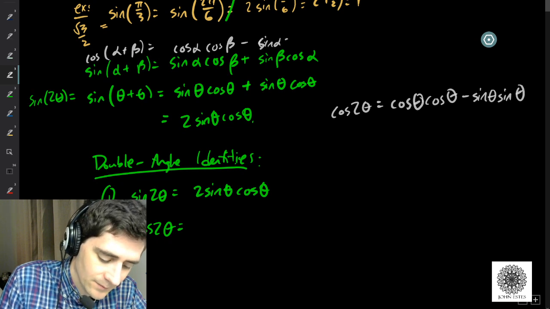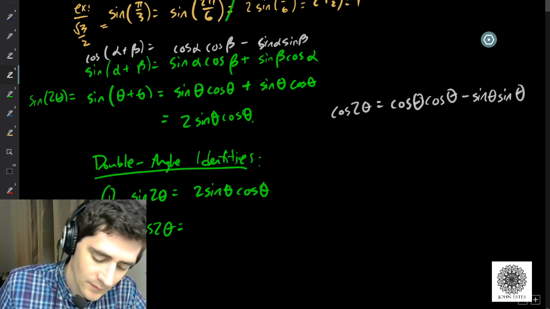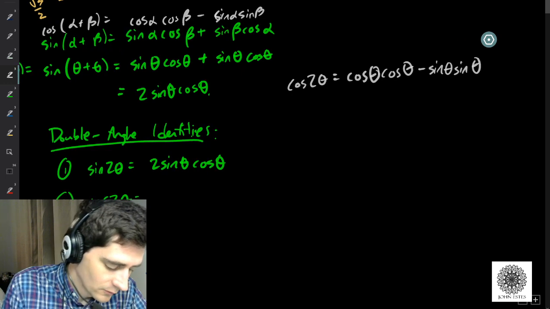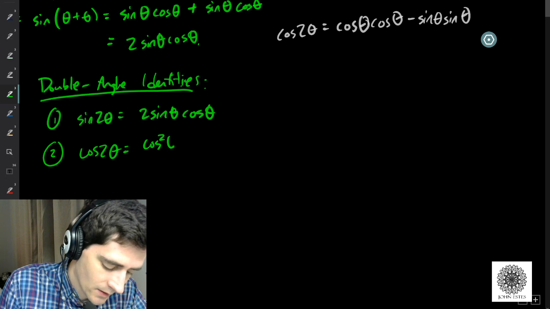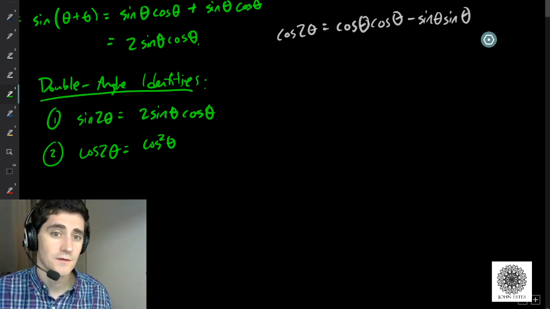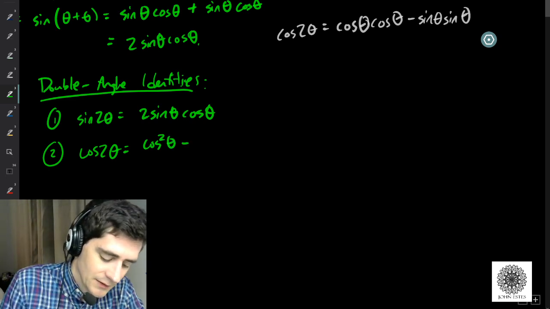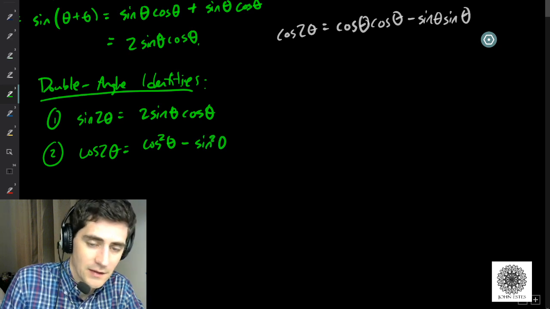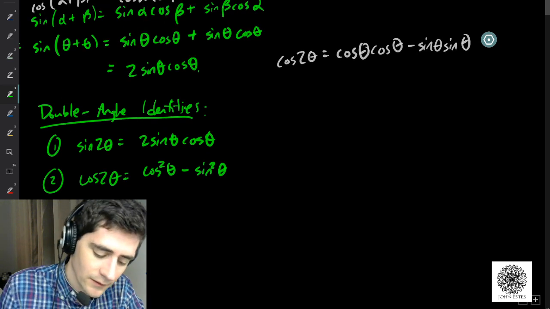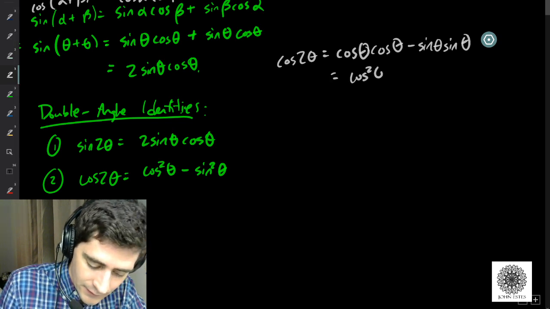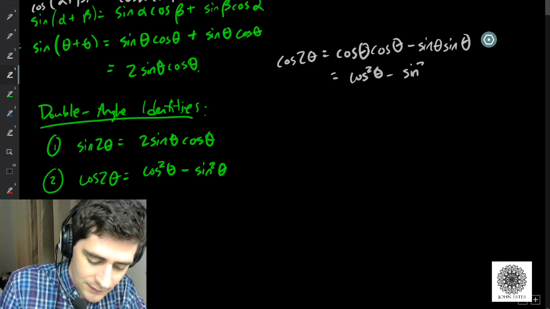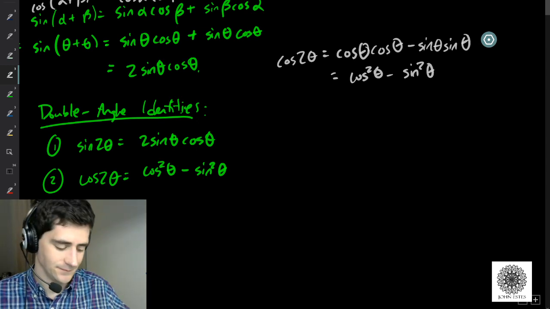sine alpha sine beta. Okay, so then that means one way that this thing simplifies is cosine times cosine, cosine squared, minus sine times sine, which is sine squared, right? So this is cosine squared theta minus sine squared theta, like that.